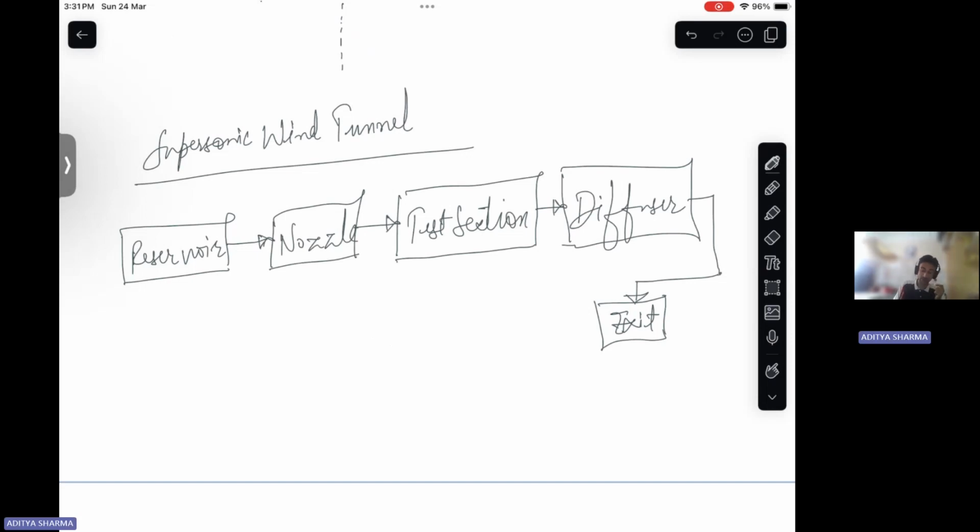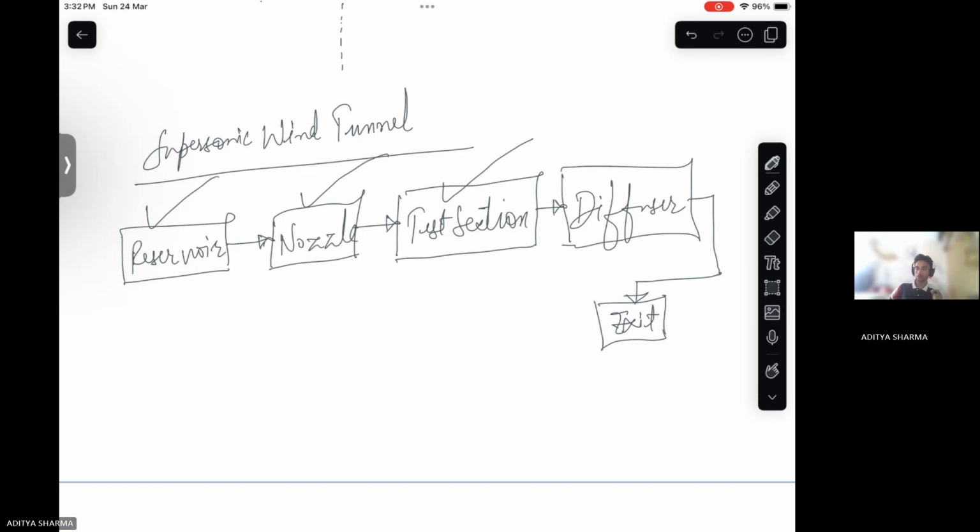In it there is a high pressure reservoir. From there we accelerate this gas, or air, through the nozzle, and then it enters our test section where we have our test body. Because we have accelerated the flow, we now want the flow to decelerate.